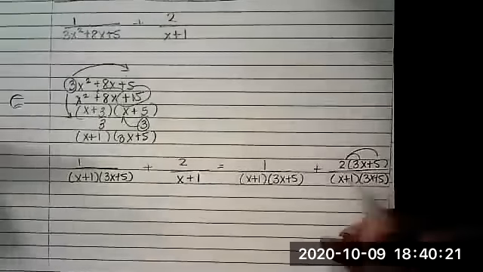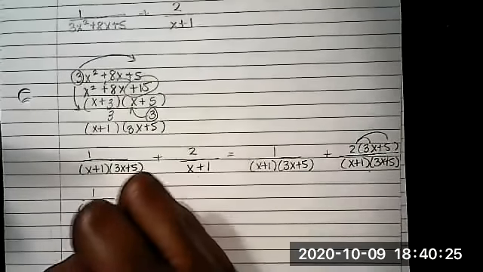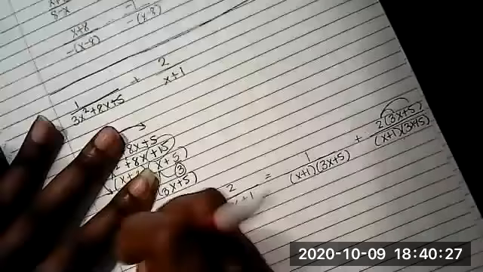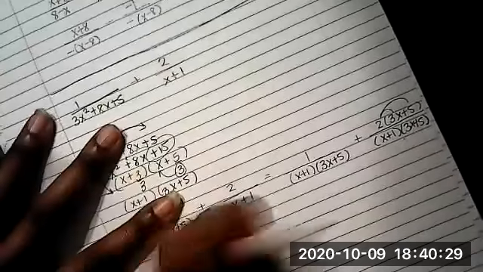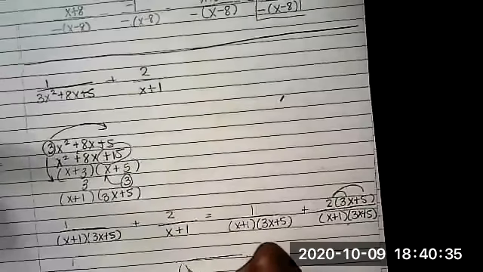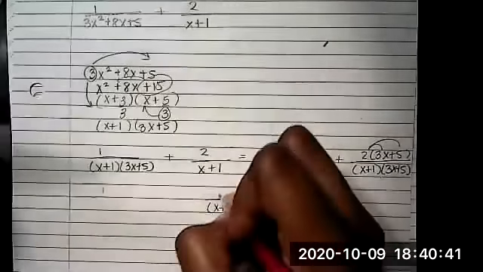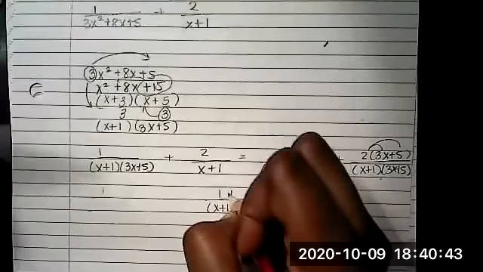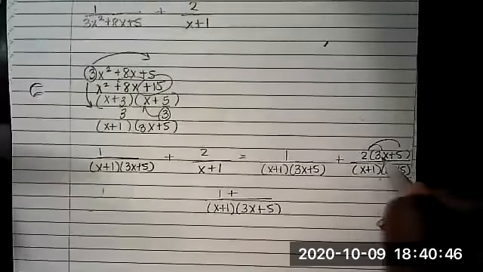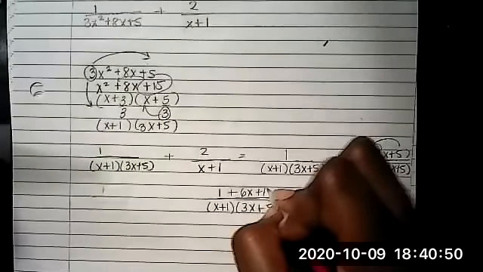Let's distribute and combine them. So the common denominator that we now can add the tops over is x plus 1 and 3x plus 5. So 1 plus 2 times 3x is 6x plus 10.